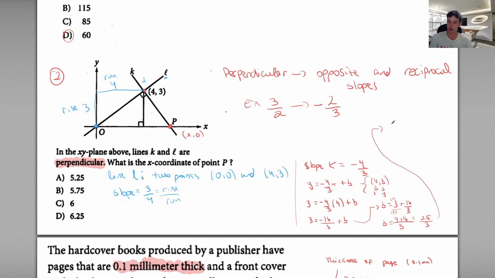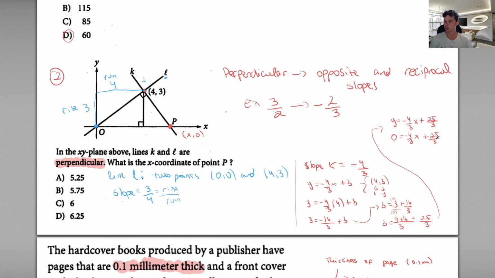Okay, so we know that, let me write it down up here. Sorry about that, no space. So we know that the equation for line K is y equals negative 4 over 3x plus 25 over 3. Now we can know when y is 0, what is the value of x? So 0, because we're substituting 0 for y, is equal to negative 4 over 3x plus 25 over 3.